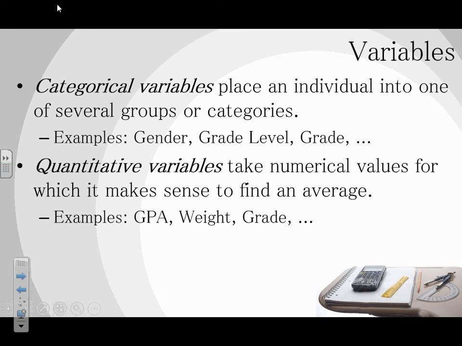But if we were looking at class averages, we can also make that categorical by saying you're in the 90 to 100 range, you're in the 80 to 90 range, the 70 to 80 range, and so on. We are using it quantitatively, but by making a range of values, we are creating categories that we're placing individuals into. Does that kind of make sense? So there are times where we can take a quantitative variable and make it categorical by creating ranges of values. And we'll see that happen with histograms and things like that. Okay.